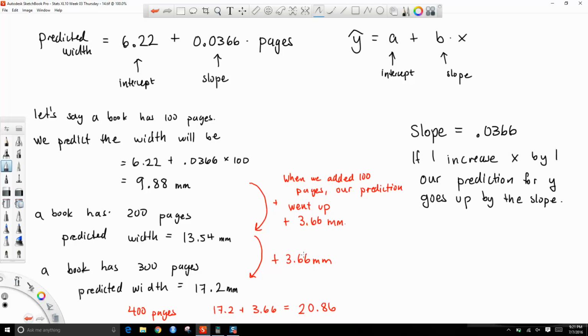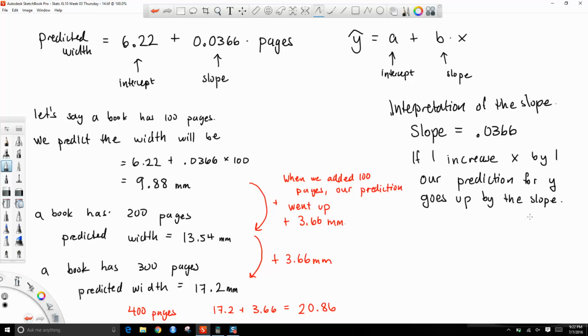So maybe the width of one page is 0.0366 millimeters. So if we increase x by 1, our prediction for y goes up by the slope. This is the interpretation of the slope. Okay, does that make sense?